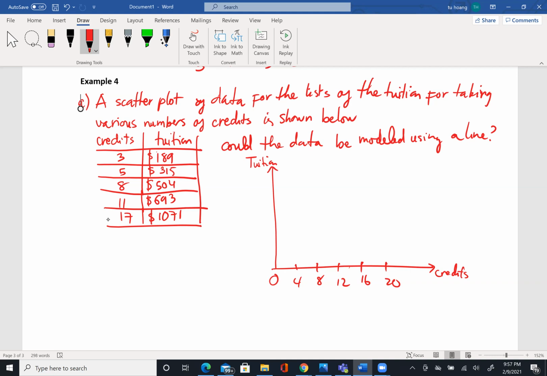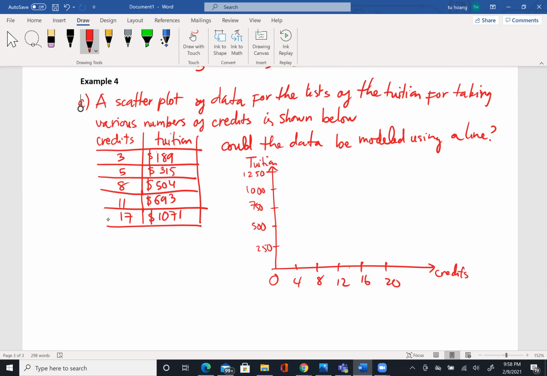And then here is 250, next is 500, then 750, then 1,000, and then 1,250.